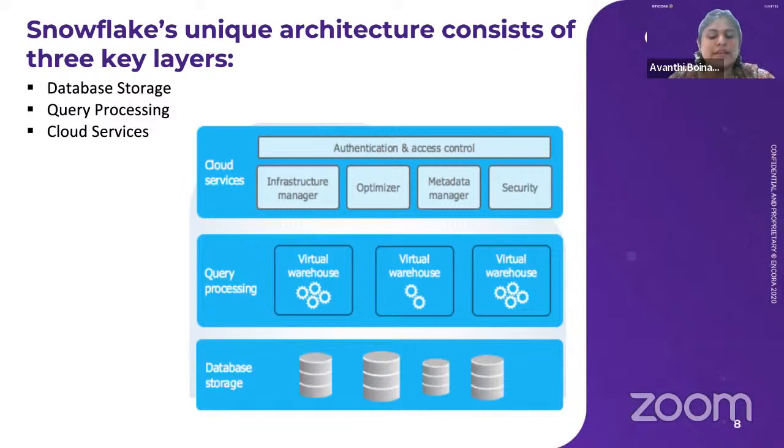Database storage contains the databases, query processing contains the virtual warehouses, and cloud services contains authentication and access control, infrastructure manager, optimizer, metadata manager, and also security. Let's discuss these three key layers in detail.